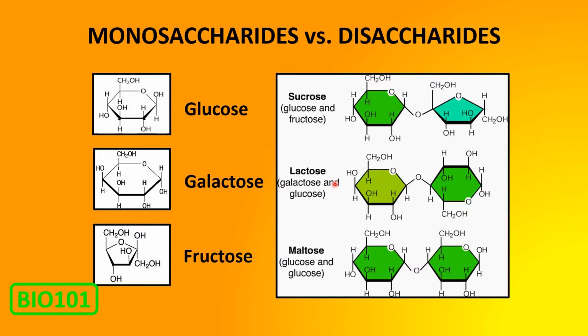If you take a molecule of glucose and a molecule of galactose, you join them together with a glycosidic bond via dehydration synthesis, and you make the disaccharide lactose. And you know this better as milk sugar.